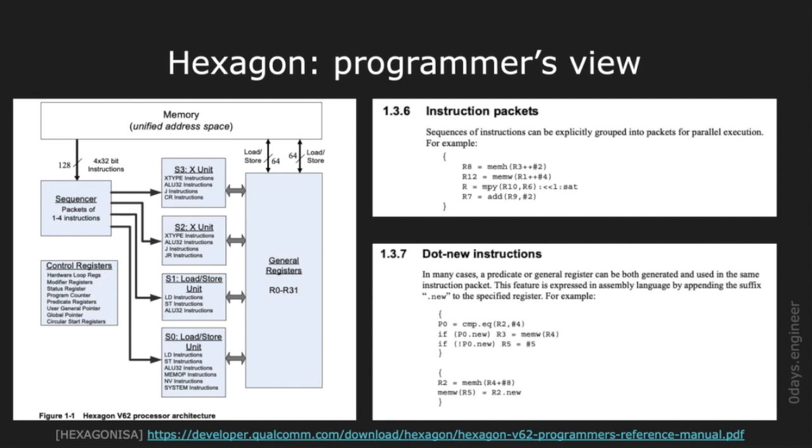And then there is the funny .new notation, which actually enables the instructions to use both the old and the new value of a particular register within the same instruction cycle. This provides quite a bit of optimization on the low level. For more information, I can direct you to the Hexagon specification, a programmer's reference manual, which is available from the Qualcomm website.